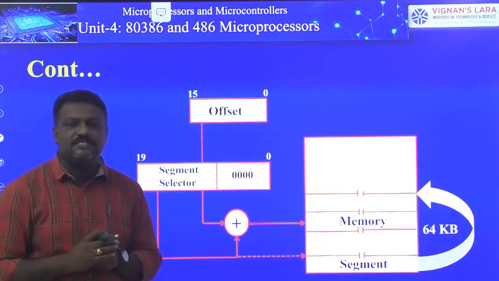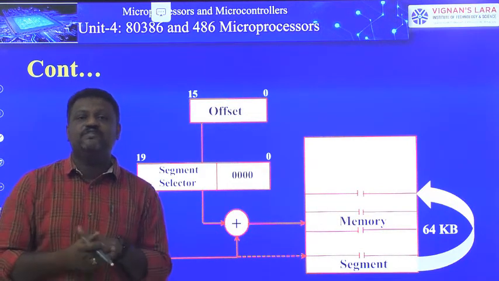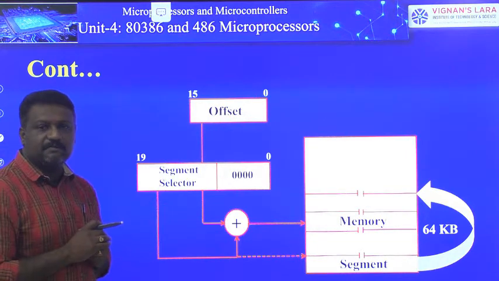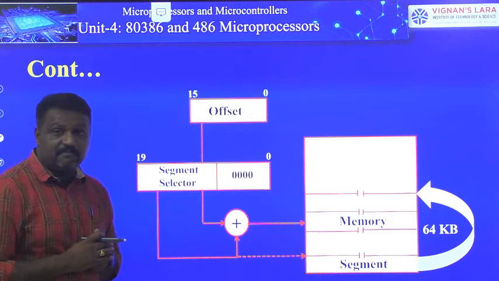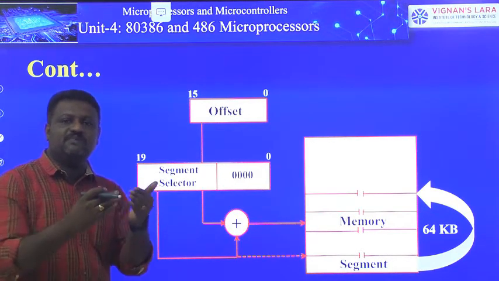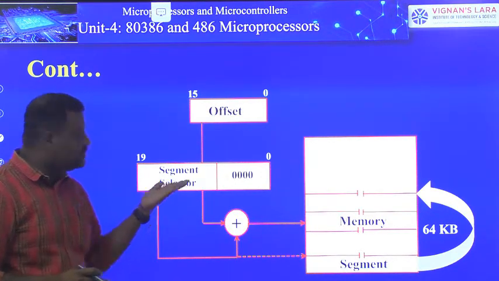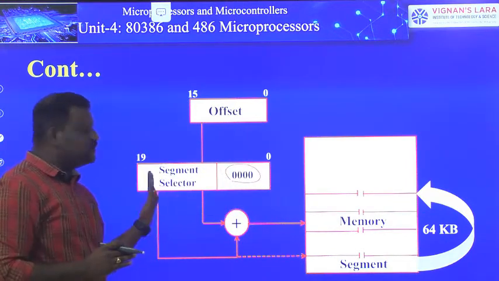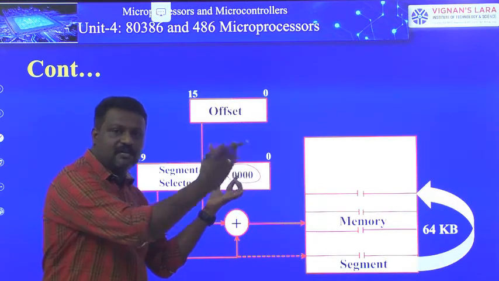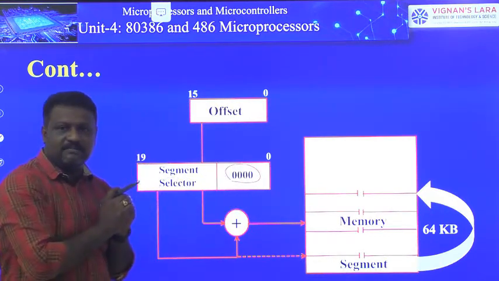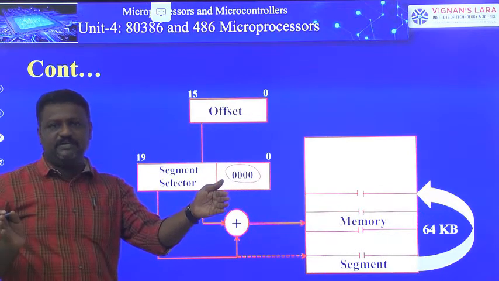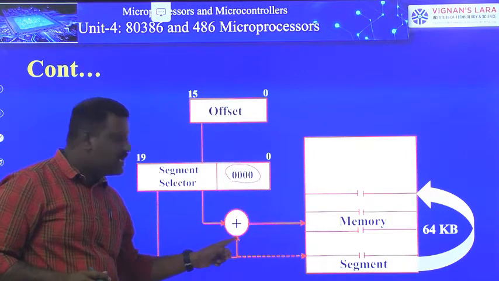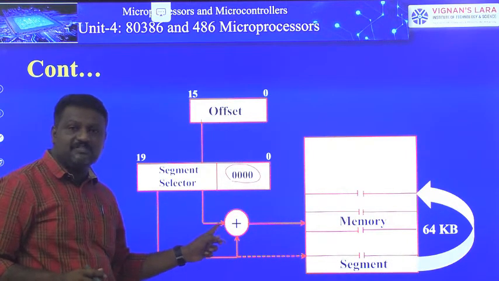Next, how can the physical address be calculated in real mode? See here: the offset address size is 16 bits, and this is your segment selector. I already told you that the appropriate segment register provides the segment selector information, which is shifted to the left by 4 bits. Once you shift it left by 4 bits, 4 zeros appear on the right-hand side, and the 16-bit number becomes a 20-bit number. That 20-bit number is given as one input to an adder, and the other input is your 16-bit offset.